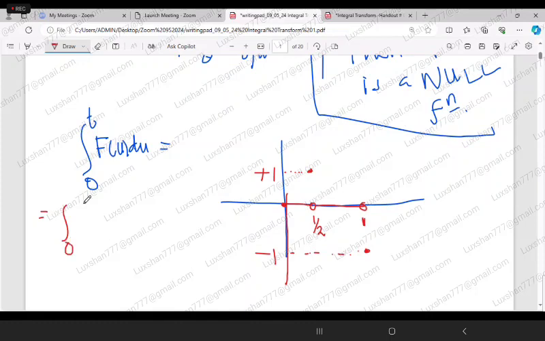You can say 0 to half minus, just before that. Half minus, so the function is 0. Plus half minus to half plus, that means simply when the function is 1. So when t is half, the function is 1.